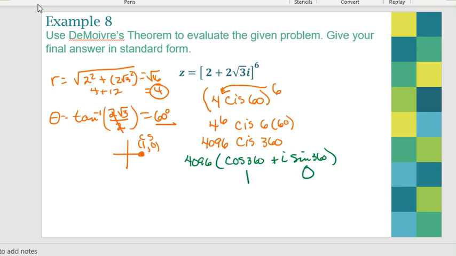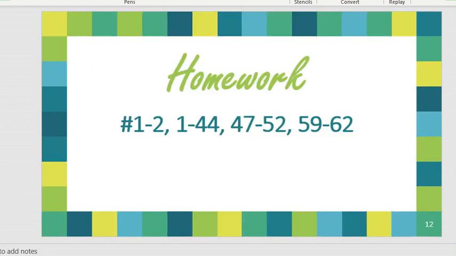This is a 0. I times 0. That means this cancels. So all that's left is a 1, and then it's 4096 times this. So that's just 4096, and we're done.